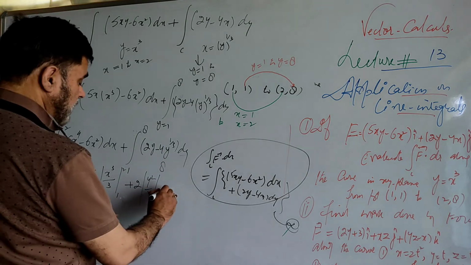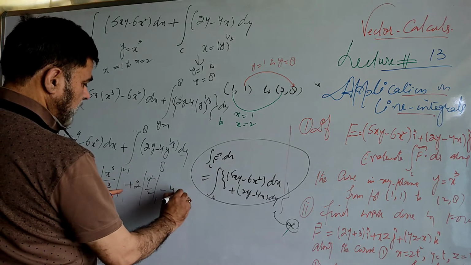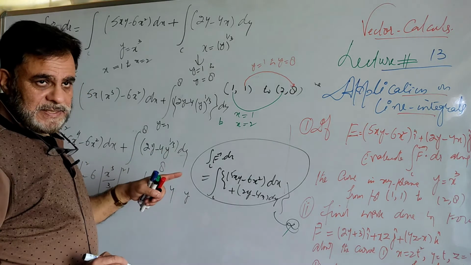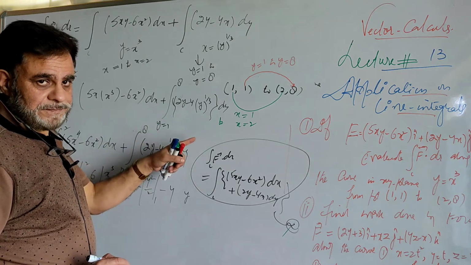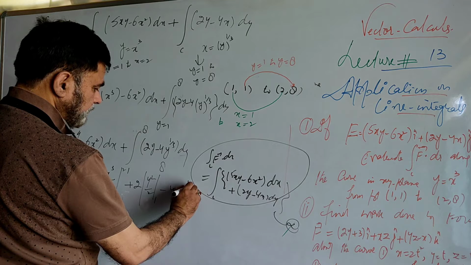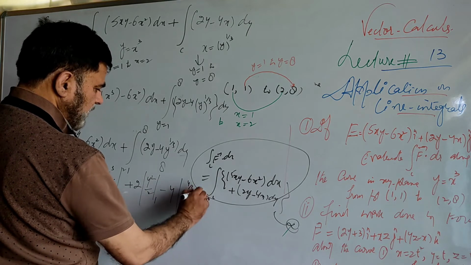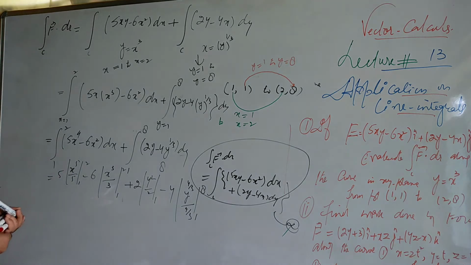This is minus 4 times y raised to power what? 1 by 3 plus 1. It is 4 by 3, so y to the 4 by 3 divided by 4 by 3, from 1 to 8. Let us simplify this limit. What is this now? It is your 5 goes.